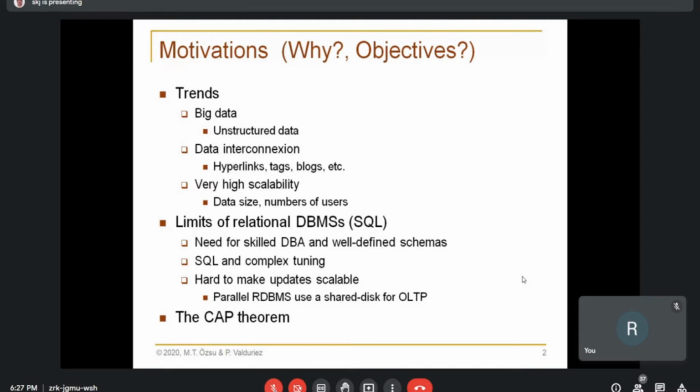So there was a need for a skilled DBA and well-defined schema, SQL and complex tuning, and it was hard to make updates scalable.